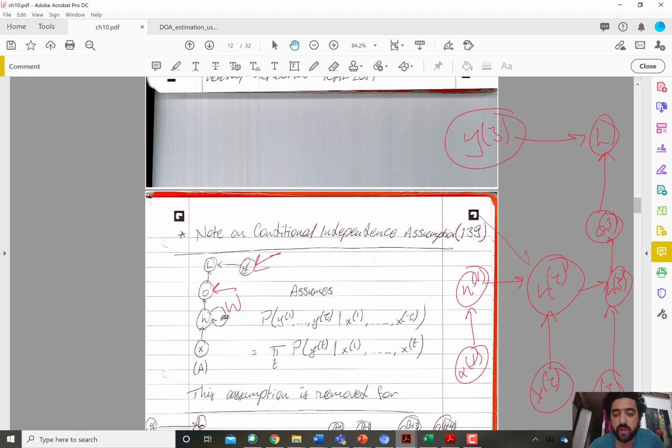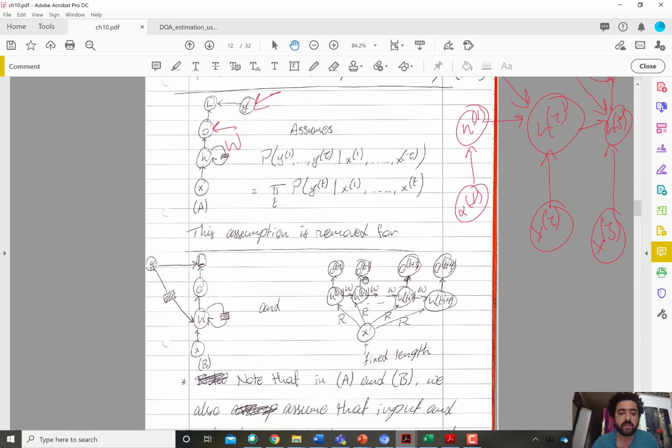Why? Because y of 1 will affect h of 2, and y of 2 will affect h of 3. Right? So in this case, I don't have conditional independence anymore. I still have causality, right?